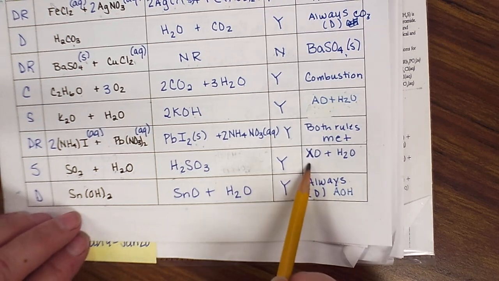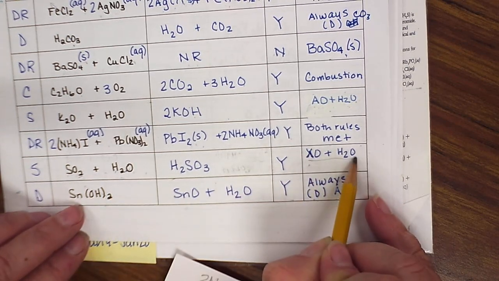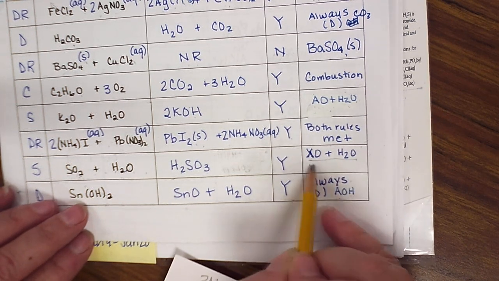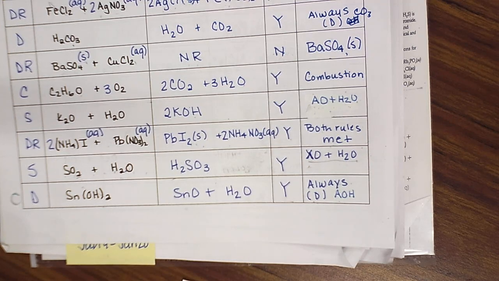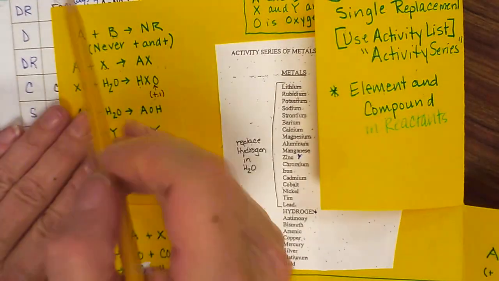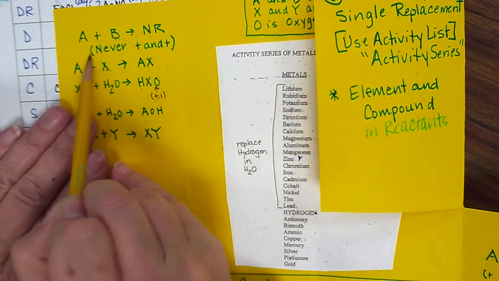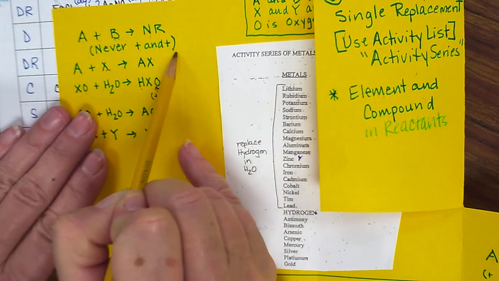So because of that, when you do this, you can just put the rule from the foldable in as your reason that it works, because I gave you the rule. The reason it works is because of the rule. Dangerous, though? This one doesn't work because a positive and a positive never works.